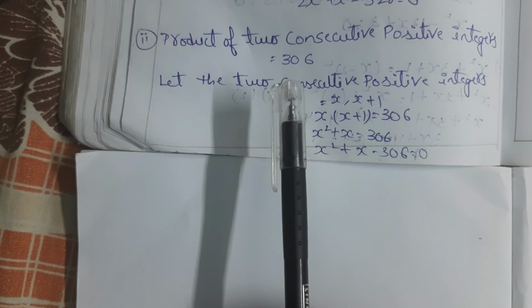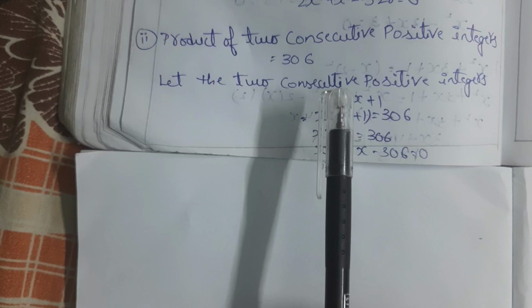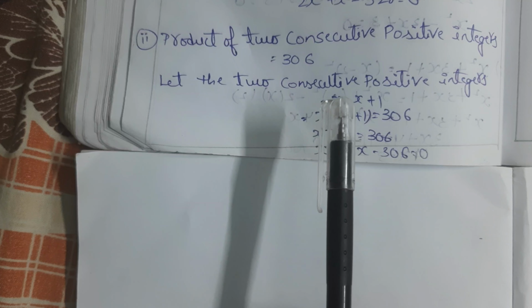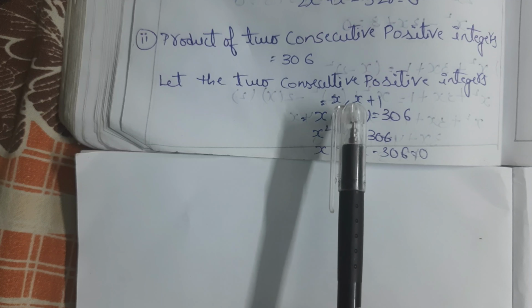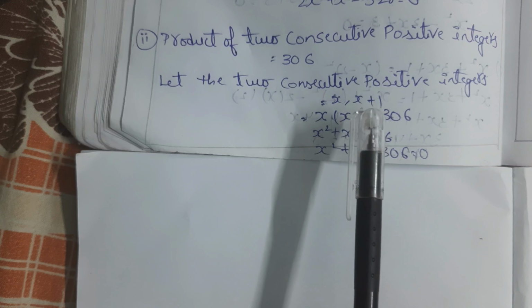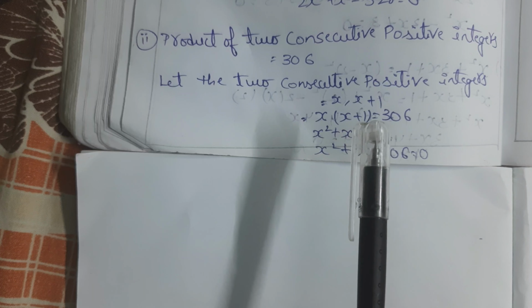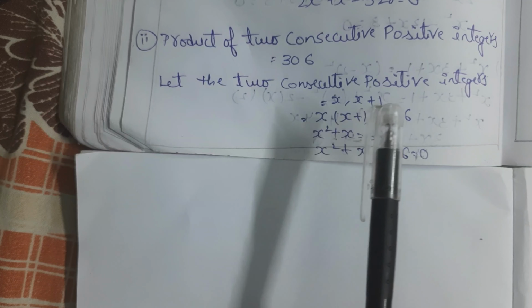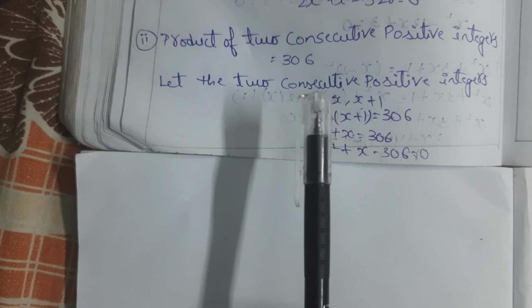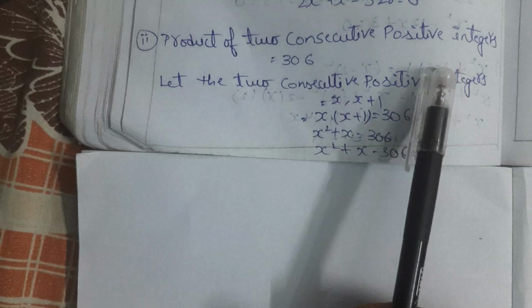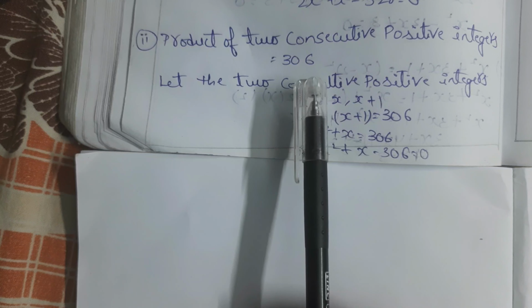The product of two consecutive positive integers is 306. Then we need to find the integers. Actually, there is no need to find the integers; we just make the equation.